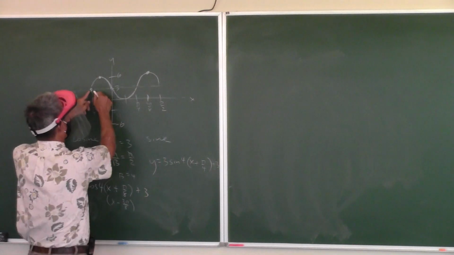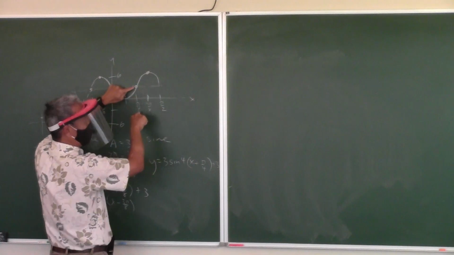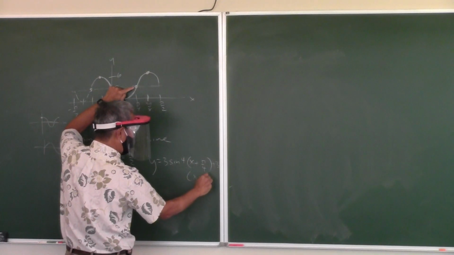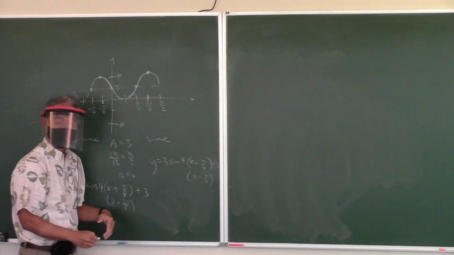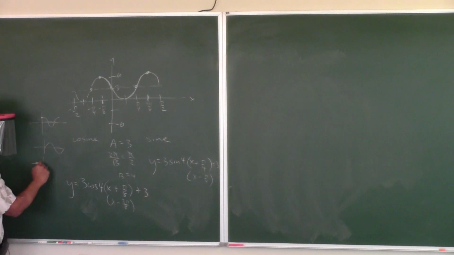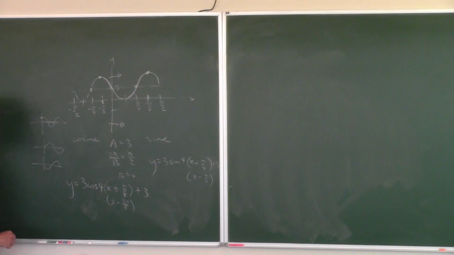So that would be one possible answer. But then, like I said, couldn't we have translated it pi over 4 to the right instead? So instead of this, you could have had x minus pi over 4. That would be also correct. Or, some of you go, hey, what if I do a negative sine graph like that? Mr. Park, don't give me too many options.